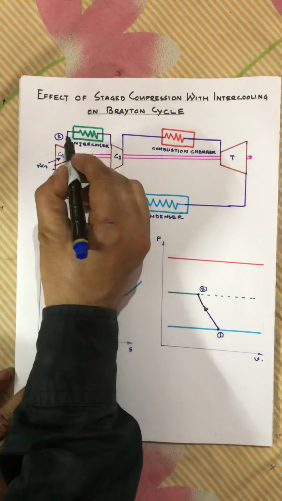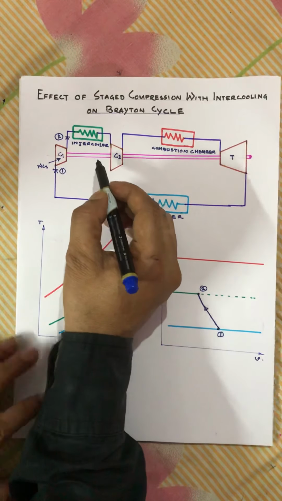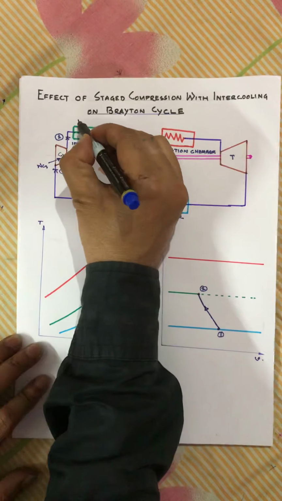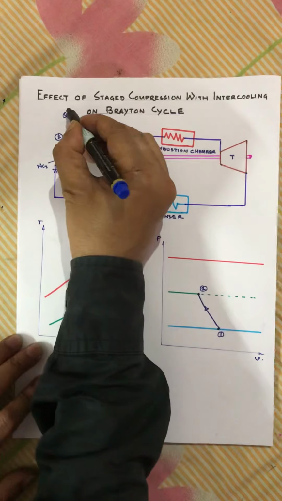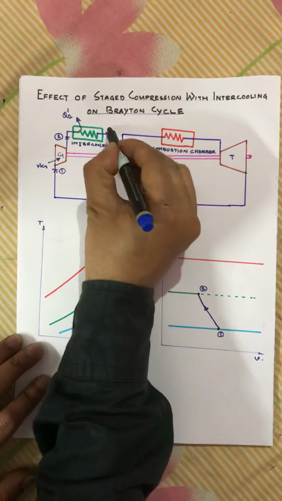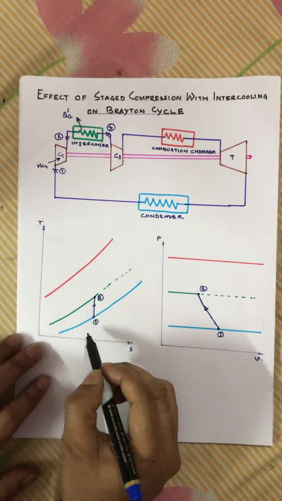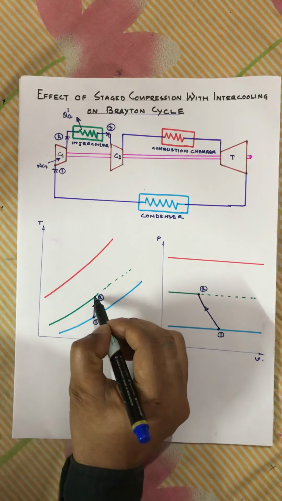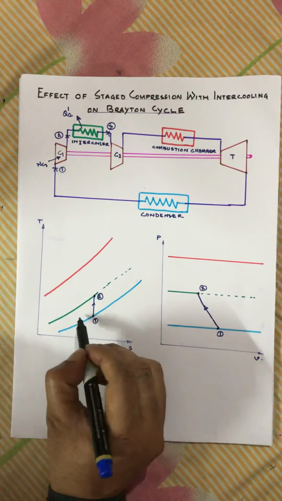After reversible compression, the temperature of the working fluid will increase, which is cooled down in the intercooler section by an amount of, suppose, Q2 dash. So 2 to 3 is nothing but constant pressure heat rejection. The temperature of the working fluid will cool down to the initial temperature.